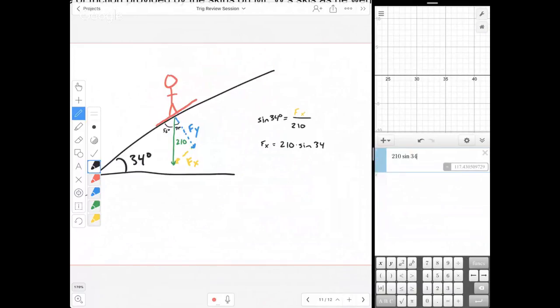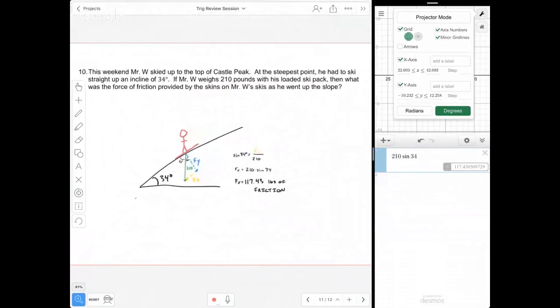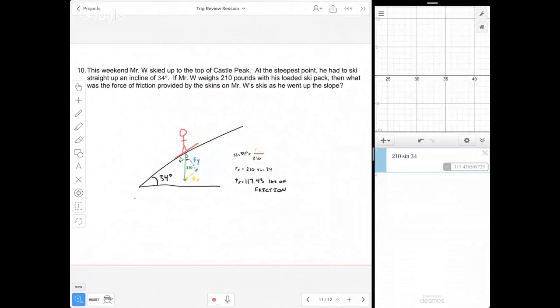Or 117 pounds of friction. For 3 pounds of friction. Any questions on number 10?